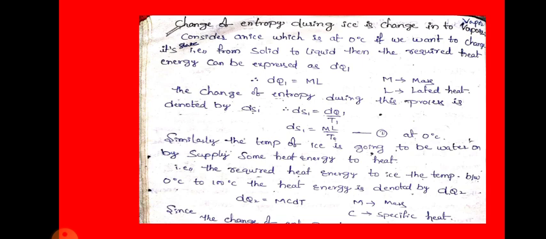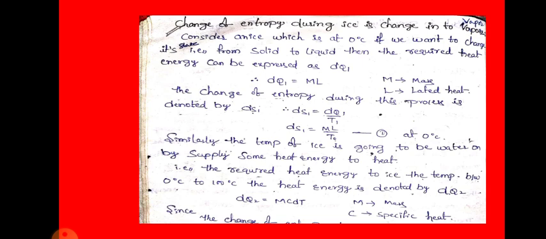Therefore dQ1 is equal to mL, where m is the mass and L is the latent heat. The change of entropy during this process is denoted by dS1. Therefore dS1 is equal to dQ1 by T1, that is dS1 is equal to mL by T naught. This is equation number 1, at 0 degree centigrade.